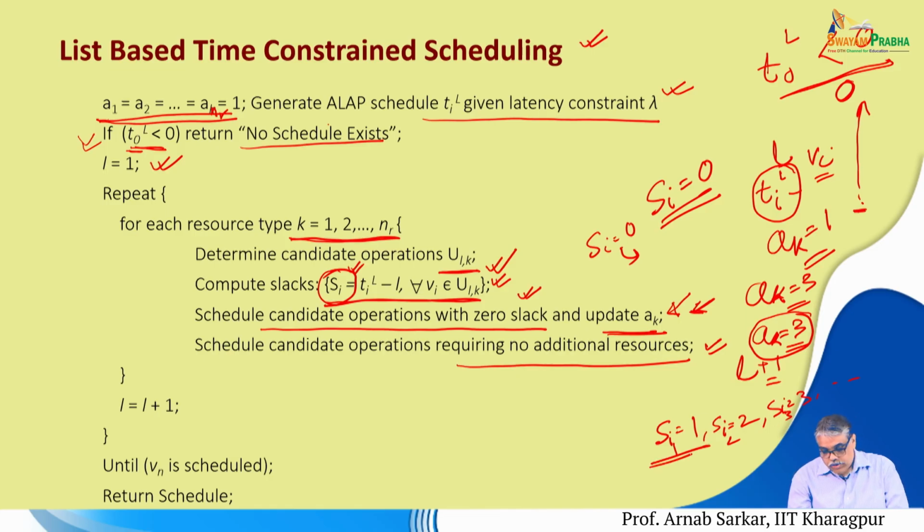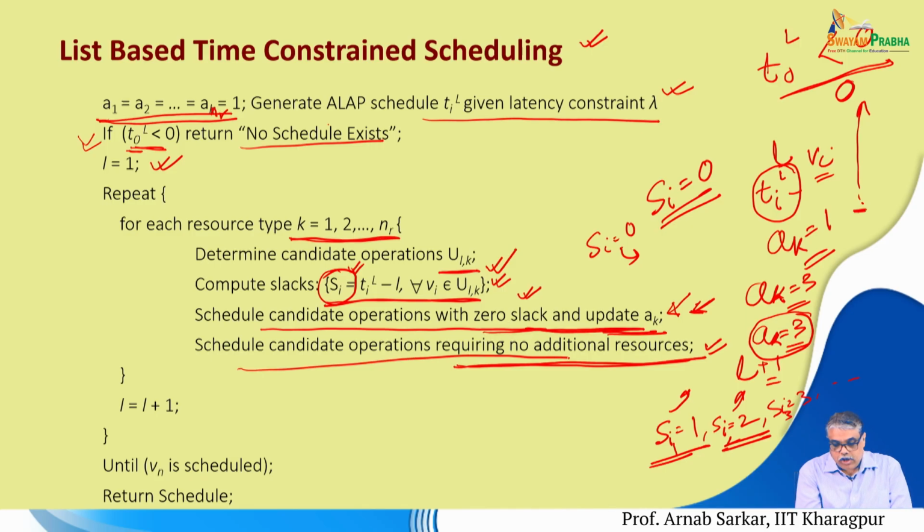So these 2 resources, although those operations do not have slack 0, can be scheduled at the current time step because it will not require any additional resources. So after you have scheduled all the operations having 0 slack, you schedule candidate operations requiring no additional resources.